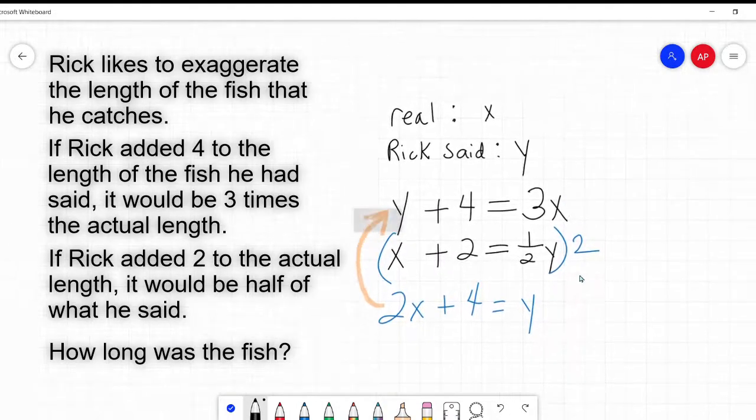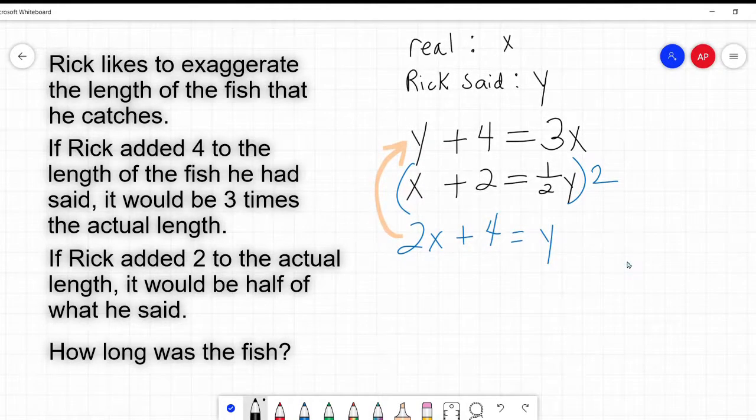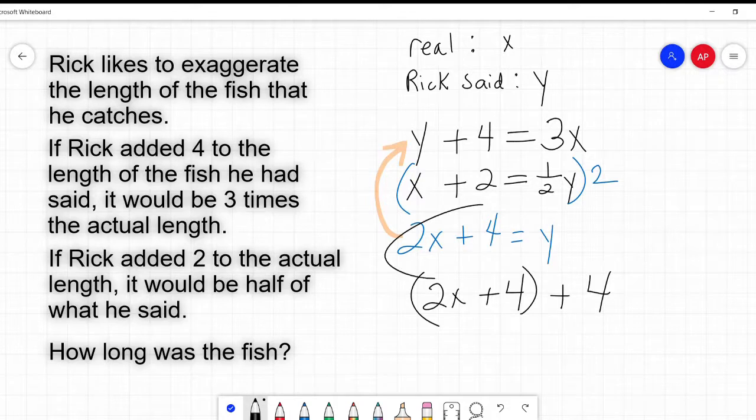So if I plug that in, 2x plus 4 plus 4. Remember, this 2x plus 4 is this. I didn't just replicate the 4 for no reason, and this 4 is from there. So 2x plus 4 plus 4 equals 3x.